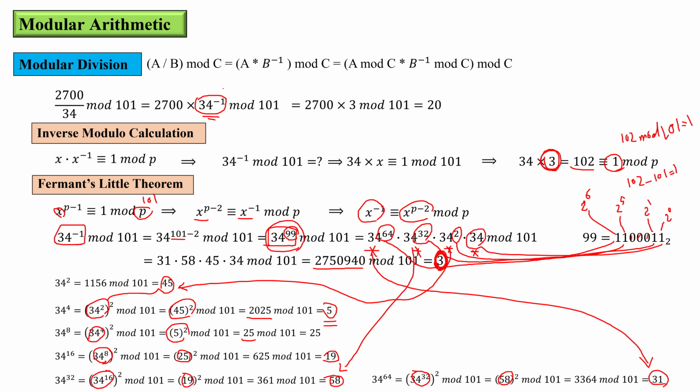Okay, so let's go back to our division. It was 2700 multiplied by the inverse of 34, which is 3. If you multiply these two values to each other and then compute mod 101, the final value equals 20. And 20 again is a value in the circle that starts from 0 and reaches 100, because when we are working in mod 101, all values should be inside this set: 0, 1, 2, until 100.